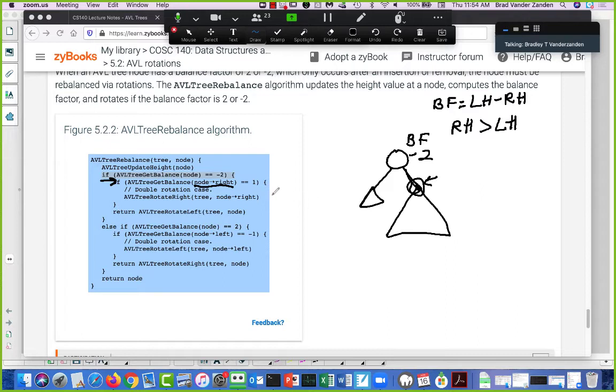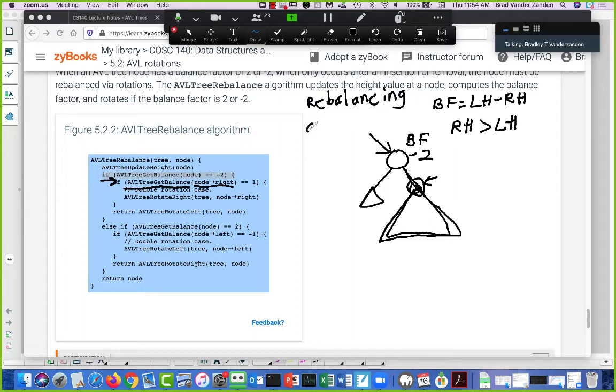And what we do is check the balance. So we call the balance on this right child. Now, we know that this right child is balanced, because remember that we are rebalancing about the first imbalanced node.